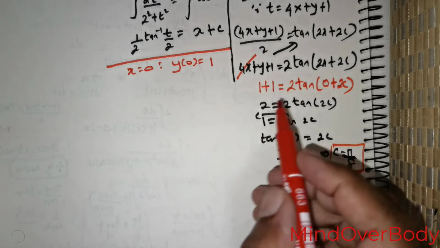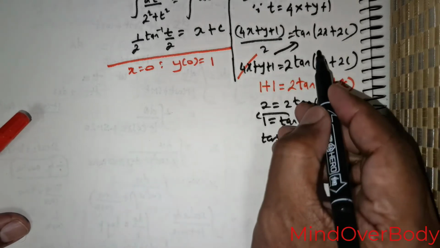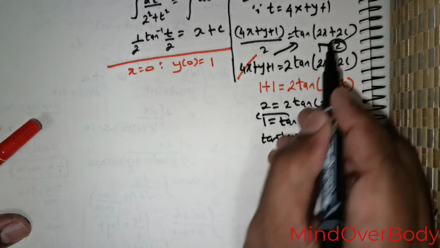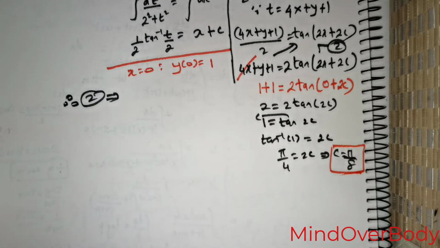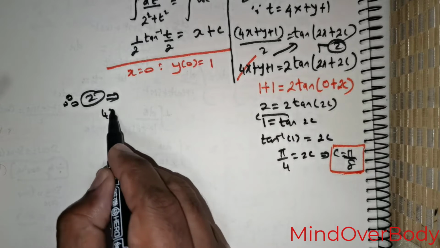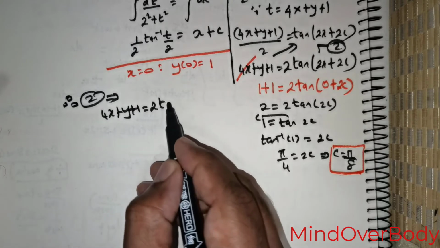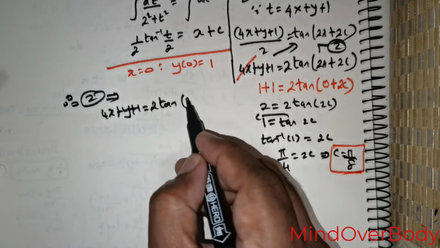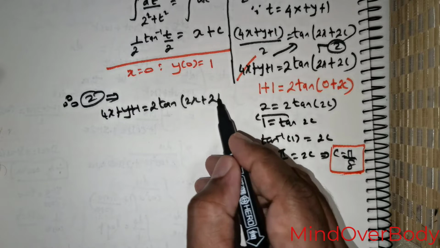Now I wish to substitute it in this. So therefore 4 times (x + y + 1) is equal to 2 times tan of (2x + 2 times c), and my c is pi over 8.